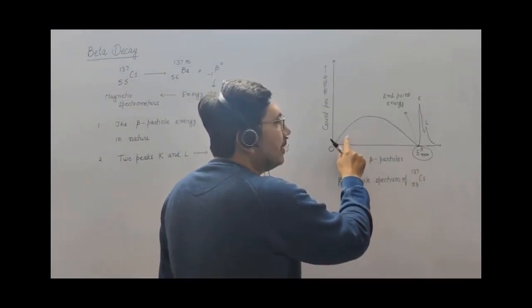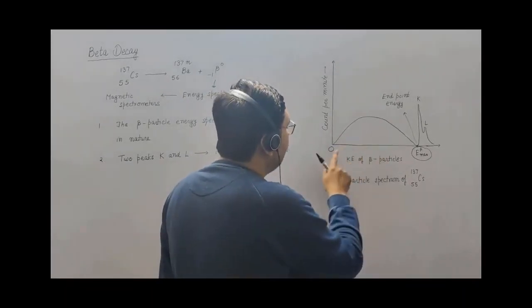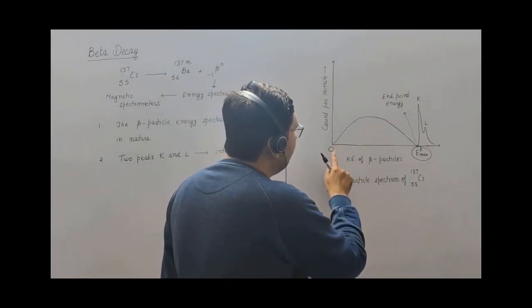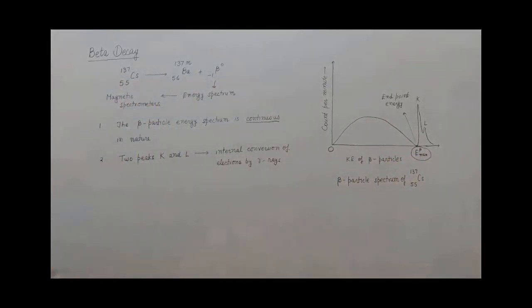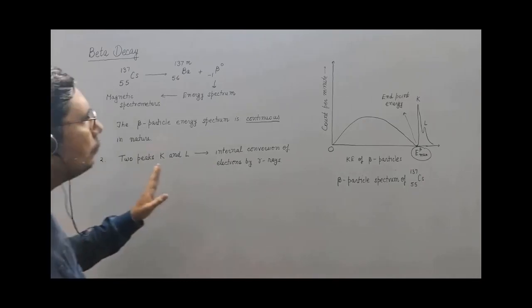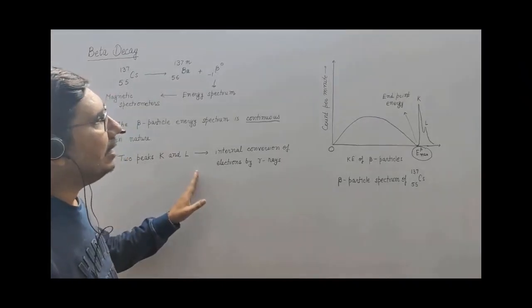These beta particles can have all possible energies between 0 and E beta maximum. So this type of continuous spectrum is observed in the beta particle energy spectrum. Another important thing is the presence of two peaks corresponding to K and L.